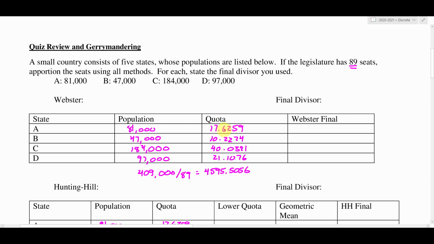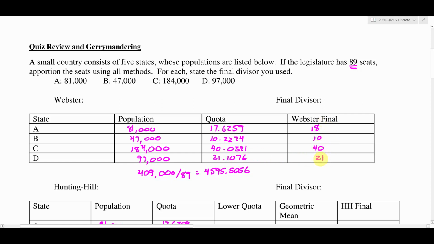This one is a 0.6259. That's above 0.5, so this is going to go from 17 to 18. Now this one's a 10.22. That one is below 0.5, so this one will stay at 10. This is a 0.0391, so this one will stay at 40. And this one's at 21.1. That's below 0.5, so this one's going to stay at 21.